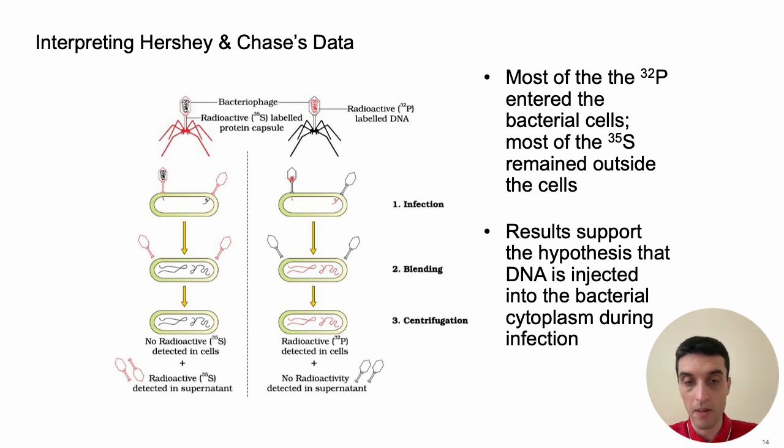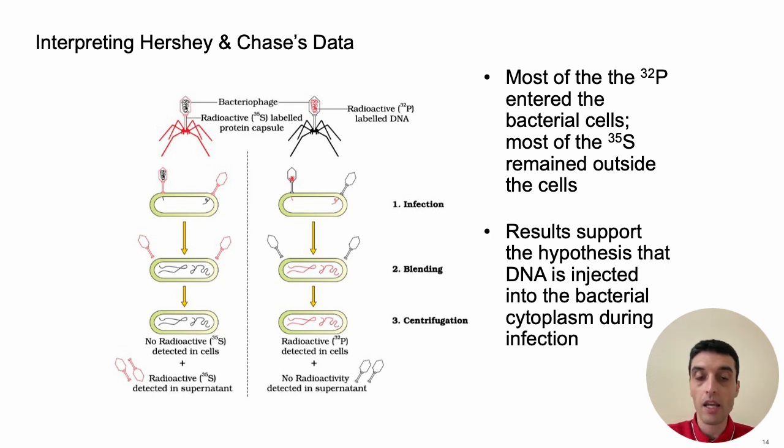And what they saw was that after the centrifugation, the bacteria did have radioactivity from phosphorus detected in the cells, while they had no radioactivity from the proteins of the phages, meaning that just the DNA was being transmitted from the phage to the bacteria.